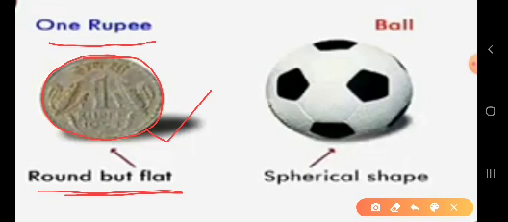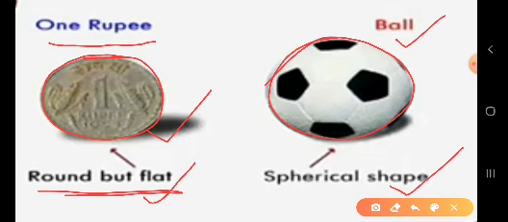Children, there is another picture on the screen, that is a ball. It is spherical in shape. That means it is also round, but it is not flat. So this one is round and flat, and this one is spherical.